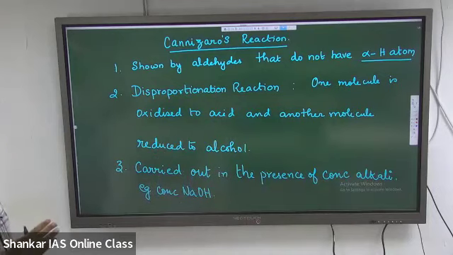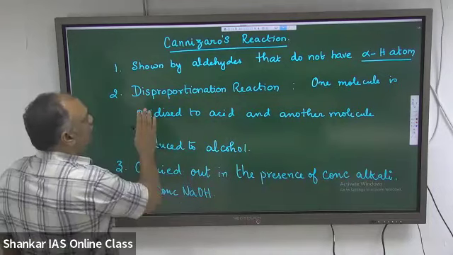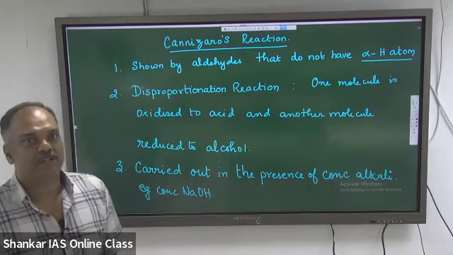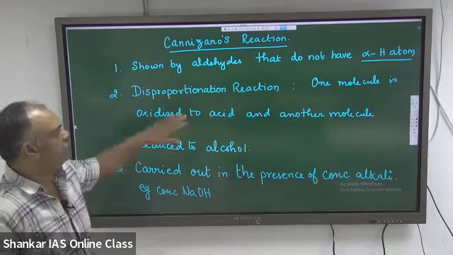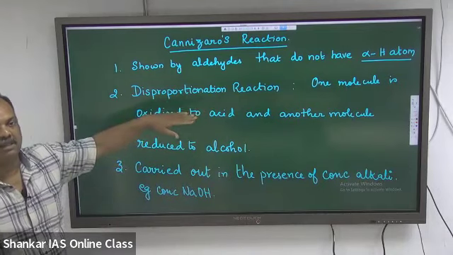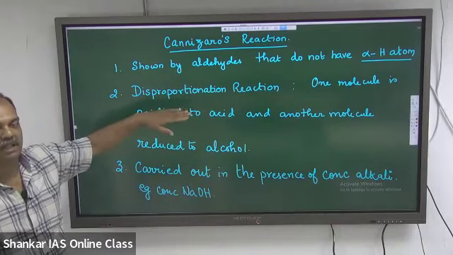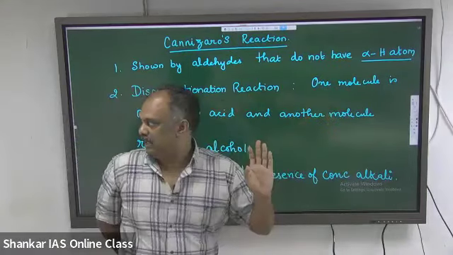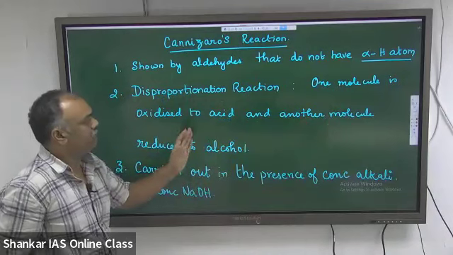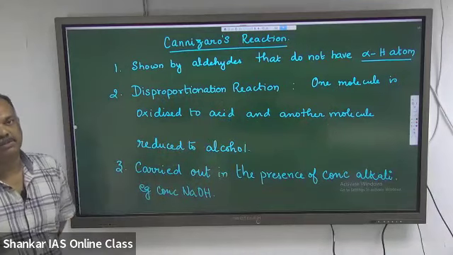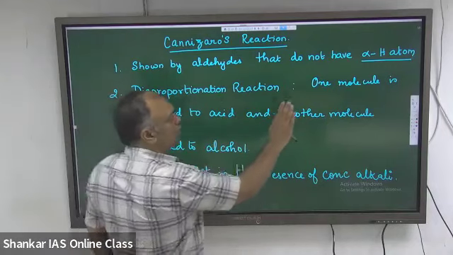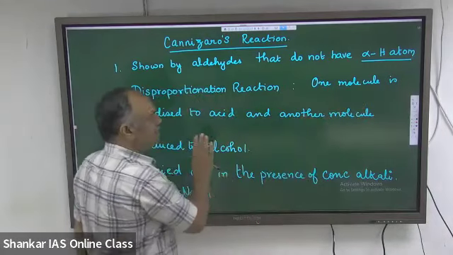Okay. Now, Cannizzaro's reaction is an example of a disproportionation reaction. What is a disproportionation reaction? A disproportionation reaction involves both oxidation as well as reduction of the reactant molecules. So in Cannizzaro's reaction, one molecule of aldehyde is oxidized.